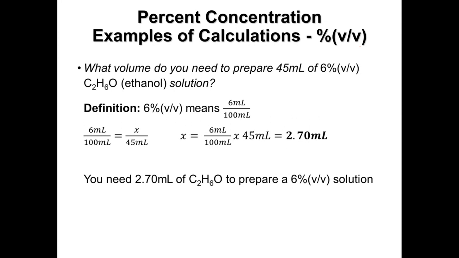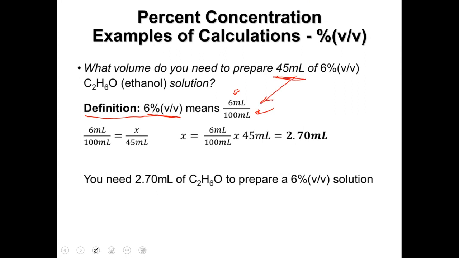So what volume of ethanol would you have to transfer to make this solution? Again, we'll start from the definition. 6% volume over volume means 6 milliliters of solute, so of ethanol, for each 100 milliliters of solution that you're going to prepare. Again, you don't need to prepare 100 milliliters, but 45 milliliters.